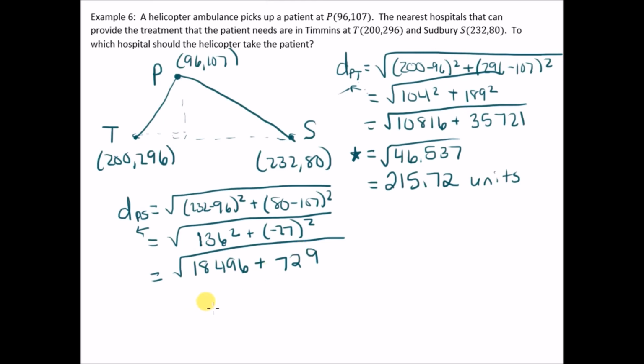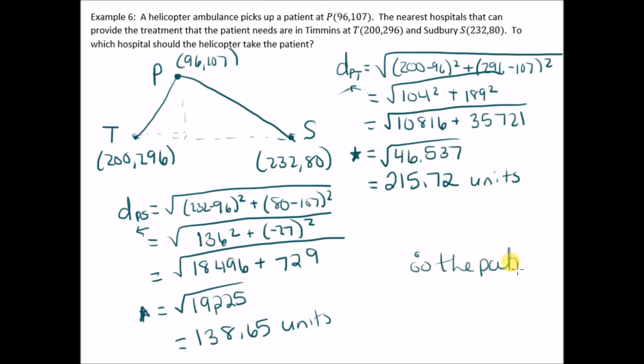When we add them, I get root 19,000. So clearly right from here, we can tell that Sudbury's closer, but if you want to root it and that makes you feel more comfortable, this one's 138.65 units away. So we want to say, therefore, the patient should be taken to Sudbury.